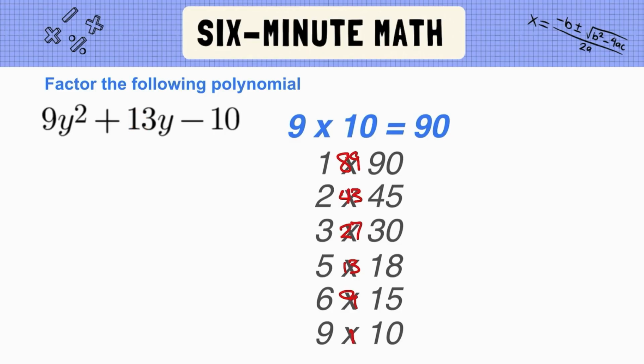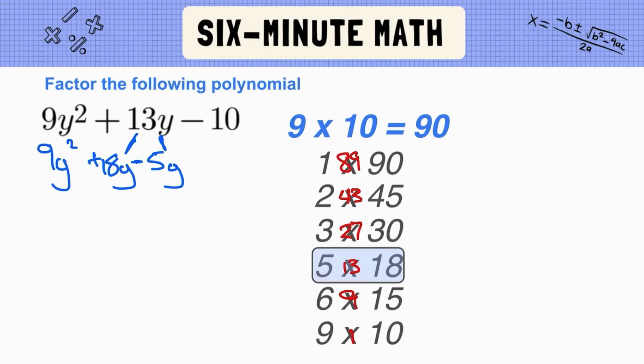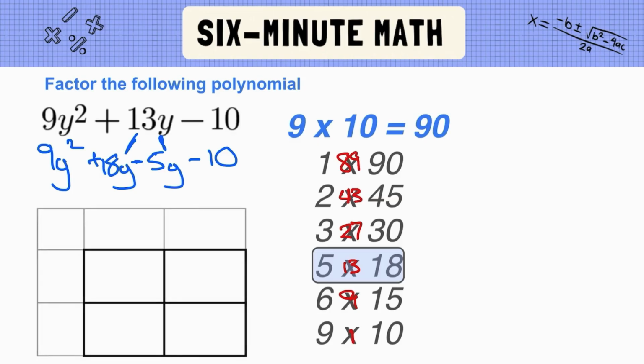We're looking for it to be 13, so I'm going to be using 5 and 18 here. Let's split that up into 18y and 5y. And I'm going to have my 18 be positive, so that middle b value, after combining those two terms, would be a positive.